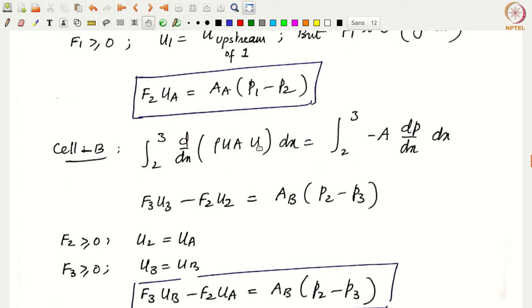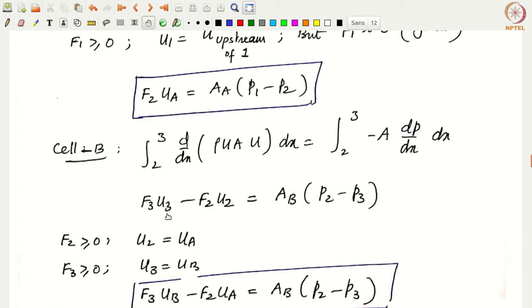Again this is F times u, so apply the limits and you get F3 u3 minus F2 u2 equals, the cross sectional area for cell B is AB, evaluated at the cell centroid, times the integral of dp, which is pressure, that means p3 minus p2, or if you absorb the minus inside, you get AB times (p2 minus p3), okay?